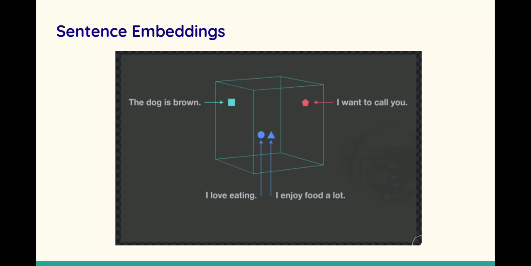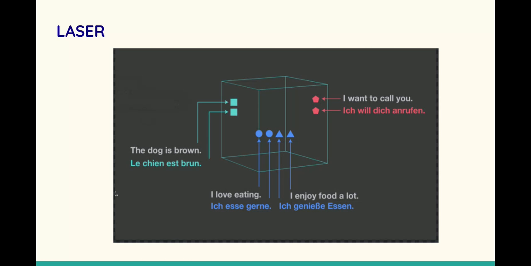We can see that in the figure, each of the four sentences has a three-dimensional vector representation, where the vectors for "I love eating" and "I enjoy food a lot", which are semantically pretty much the same sentence, are close to each other, but are far away from semantically different sentences such as "the dog is brown" or "I want to call you". Note that the embedding space here is monolingual, which means that the sentences here are all in English. Laser's idea is to introduce a shared multilingual embedding space.